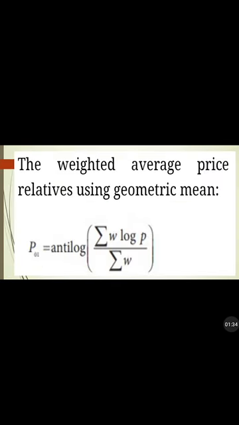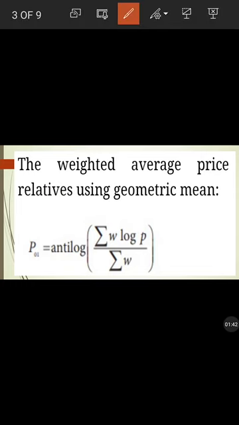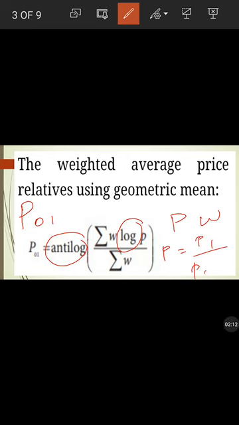Next is geometric mean. Always remember that when we are applying geometric mean, we have to use log as well as anti-log. We apply log first, and finally we calculate the anti-log. So what is the formula? P01, the symbol for index numbers, is equal to antilog of summation W into log P divided by summation W. As usual we have to calculate P and W. P is equal to P1 divided by P0 into 100.